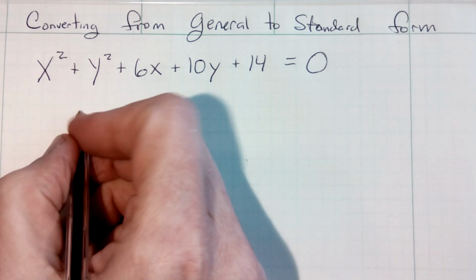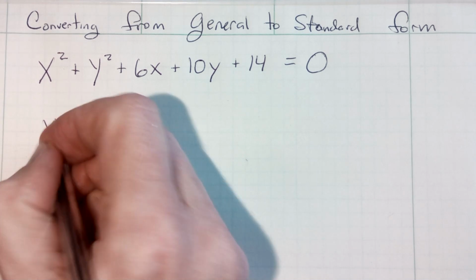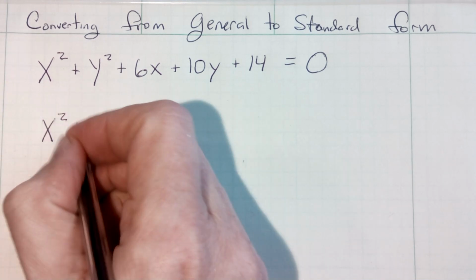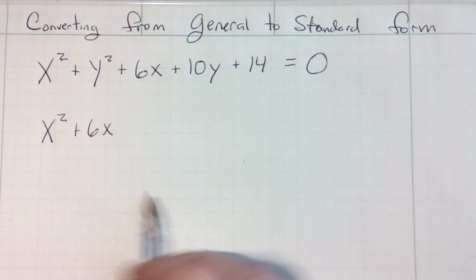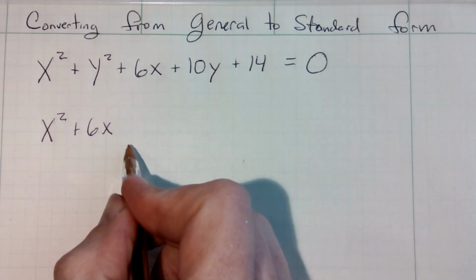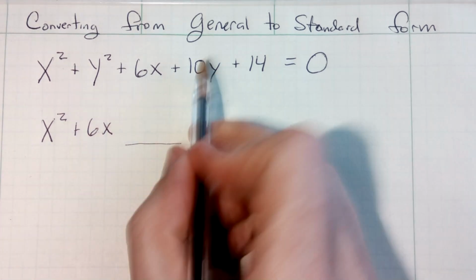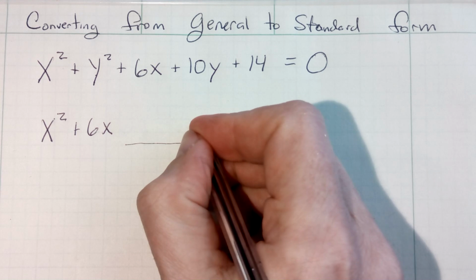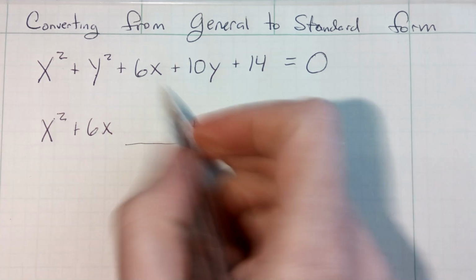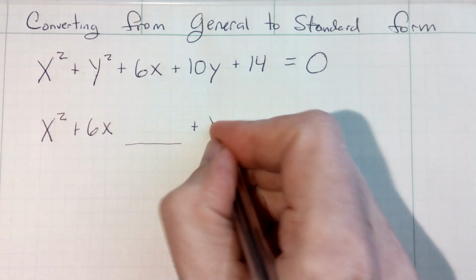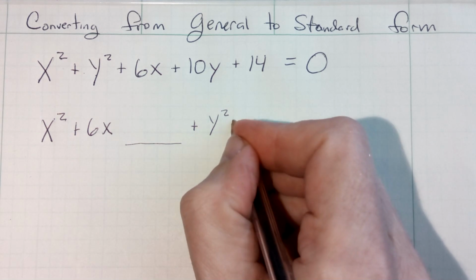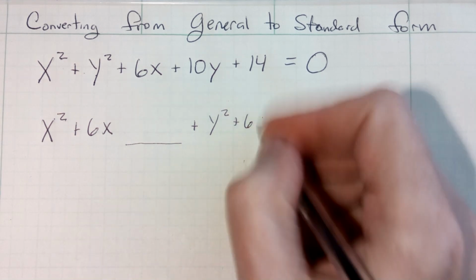So what I'm going to do is group the x squared term and the x term. As I do this, I like to leave a space after it. Then I'm going to do the y squared term, and put a plus there to make sure you remember this, plus y squared plus 10y.